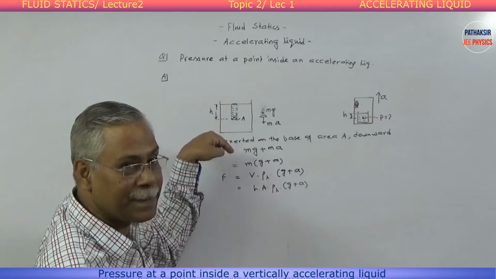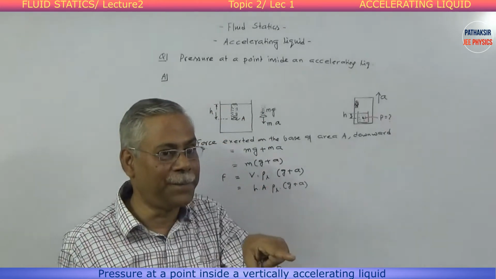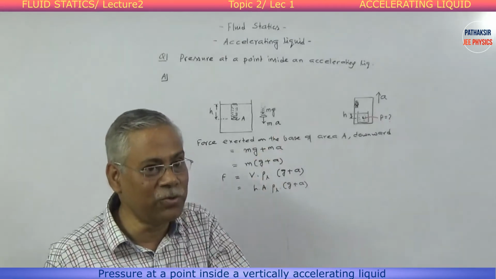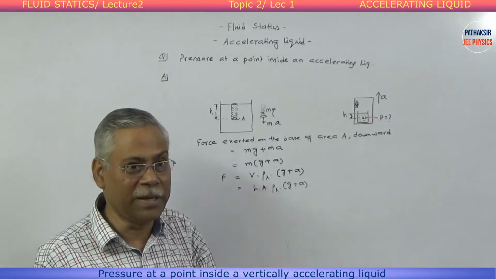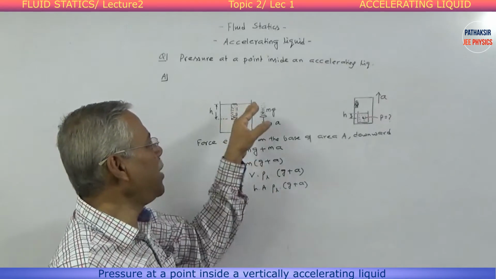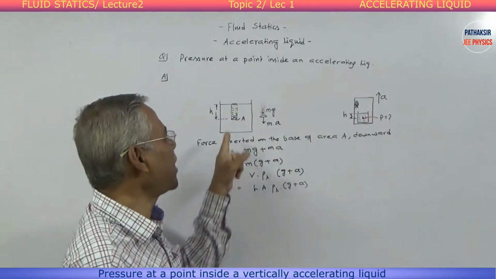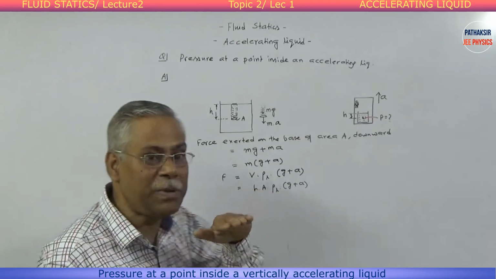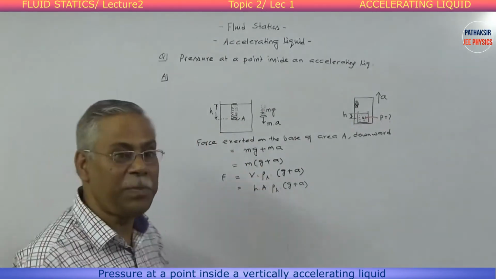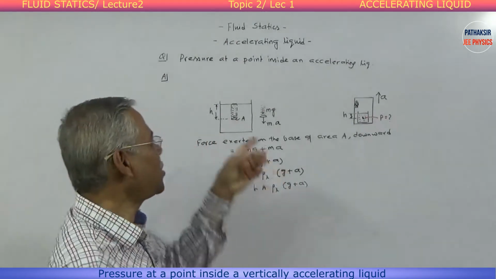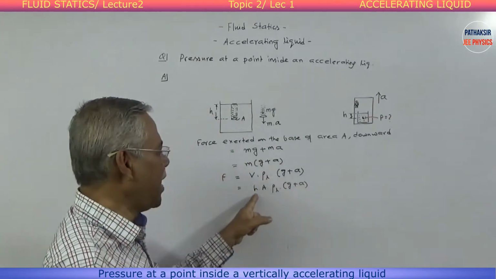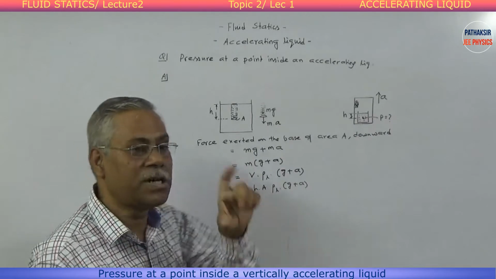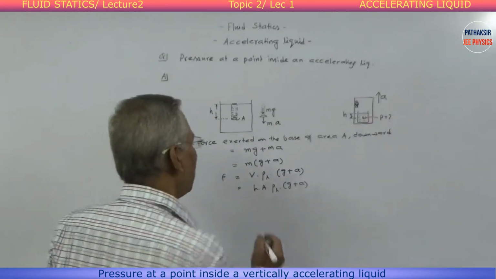On that column, mg is acting downward, and we are considering a non-inertial frame to study the pressure, so ma is also acting. So total force acting on the base is mg plus ma, equal to m into (g plus a). Mass of the column is volume of the column into density of liquid, and volume of the column is height into area of cross section.